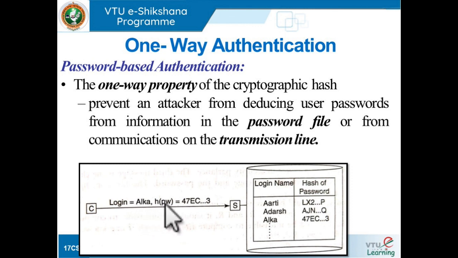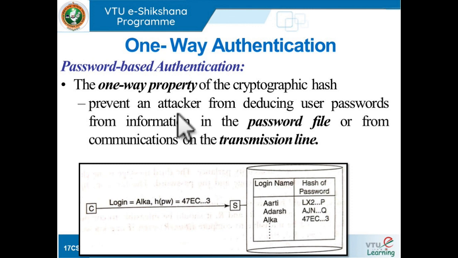Along with that, it is not just providing the password, it is providing the hash of the password. Now this hash of the password is sent to the server along with the login name, and Alka and its hash of password are verified. Now this helps us to prevent an attacker from deducing the user passwords in both the cases.